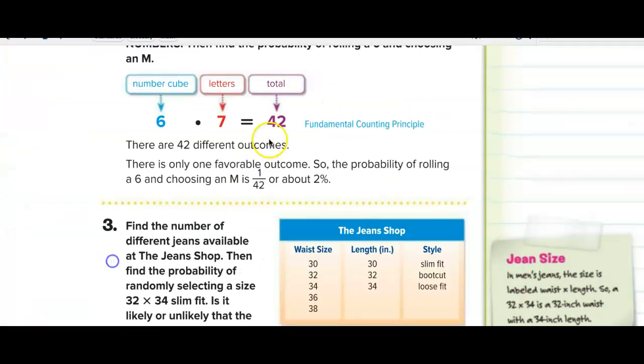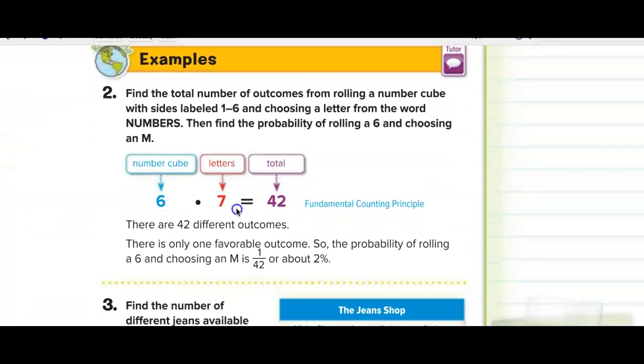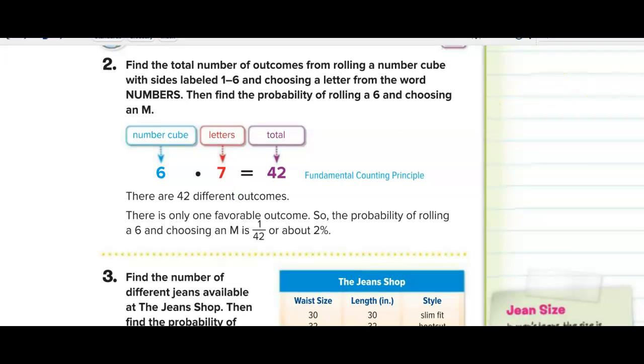So example 2 says find the number of outcomes from rolling a number cube with sides labeled 1 through 6 and a letter from the word numbers. So let's do that part first. So how many options do you have for your number cube or your dice? 1 through 6, which is how many options? 6. Okay, that's where they got this. Then they said times the number of options you have for letters in the word numbers.